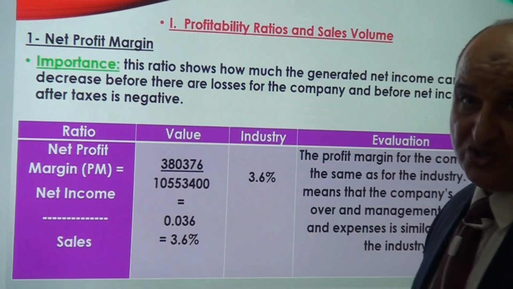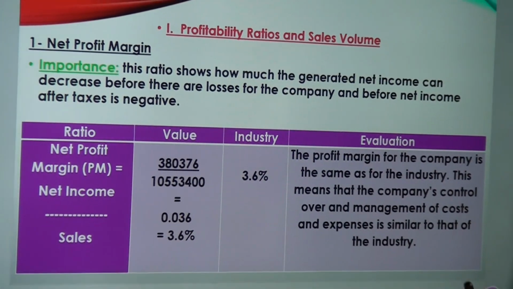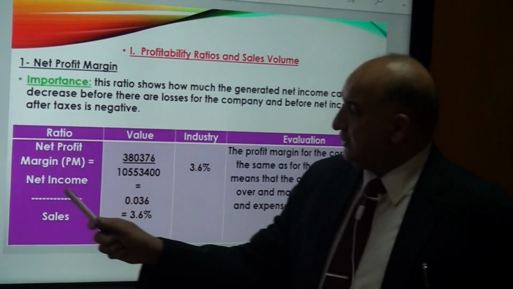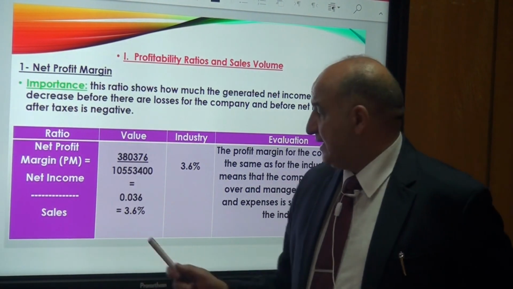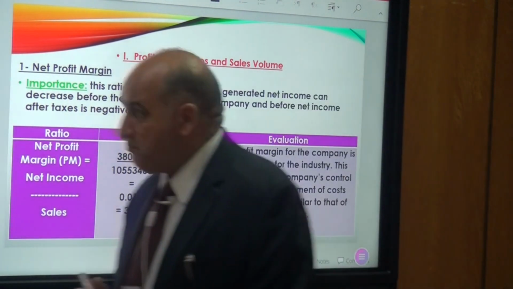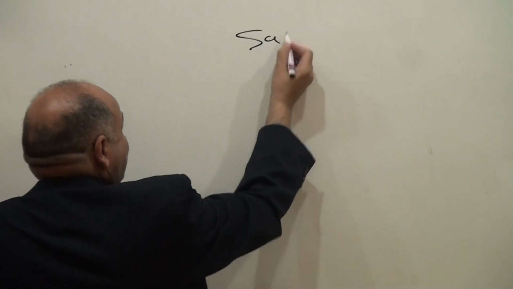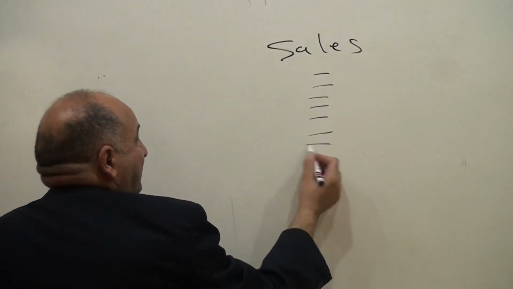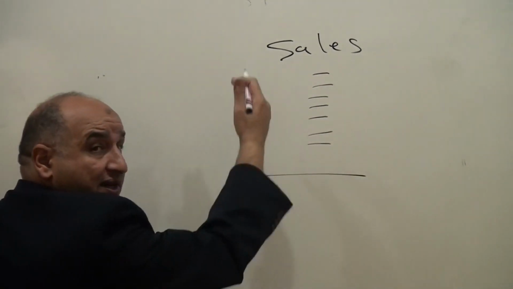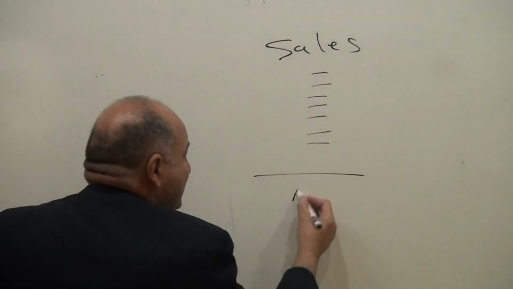What is the profit margin? Profit margin equals net income divided by sales. To imagine the importance of the profit margin: this is the sales or revenue, we deduct the whole cost, and the residual is the net income.